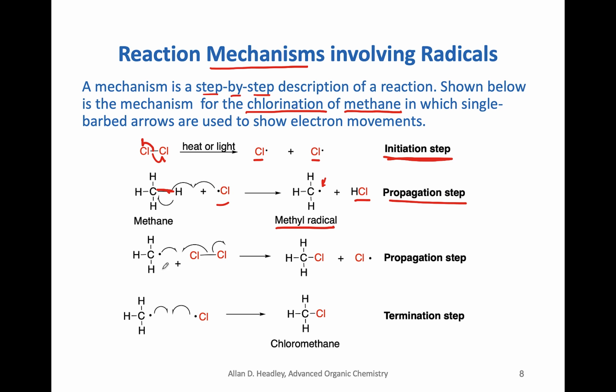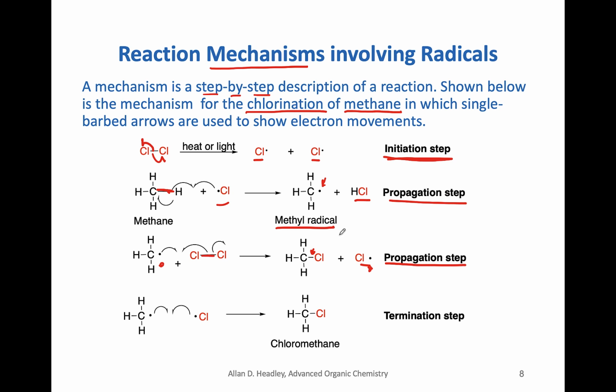In another step, we have the methyl radical, which, as you know, is very reactive. It sees another mole of chlorine, which has 2 electrons right here. It takes one to form this bond with this electron and leaves behind a chlorine radical. That's another propagation step because a radical generates another radical.